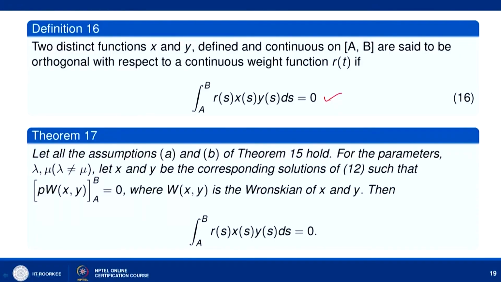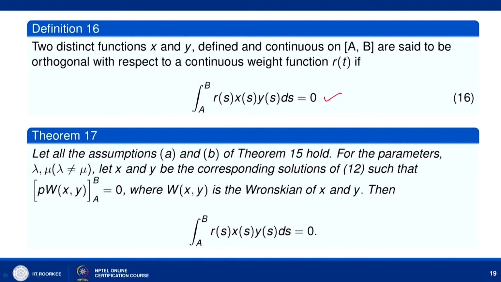Now, let us discuss the next theorem. Let all the assumptions (a) and (b) of Theorem 15, the existence of eigenfunctions, hold, and for the parameters lambda and mu, where lambda is not equal to mu, let x and y be the corresponding solutions of (12) such that p times the Wronskian of x and y given at b and a is equal to 0.